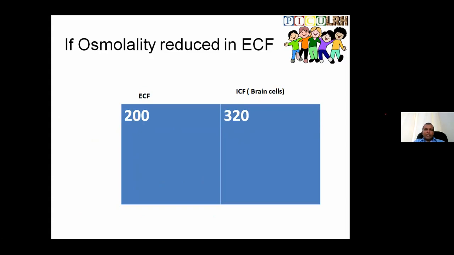Then if suddenly you drop extracellular osmolarity, so 320 to 200, what will happen? Fluid will shift from ECF to ICF because of cell swelling. So if you can understand this, you know everything about DKA. So management is very simple.